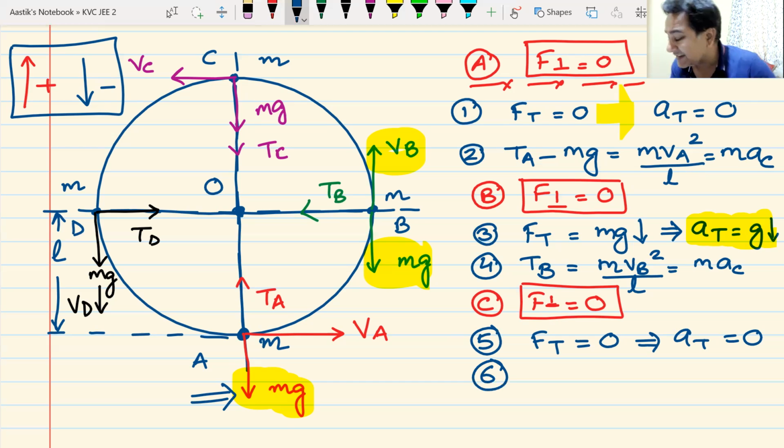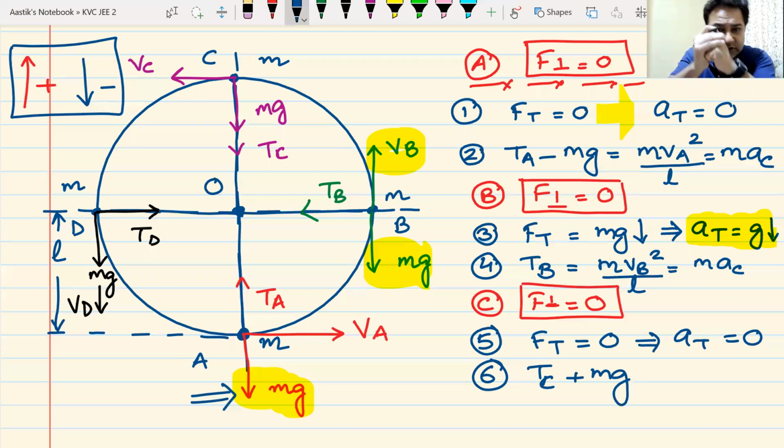Let us move on to equation number 6. Who is going to tell me equation number 6? TC plus mg equals m VC square by L. Yes. Now I have tension at point C and mg both joining hands. Both are coming towards the center.